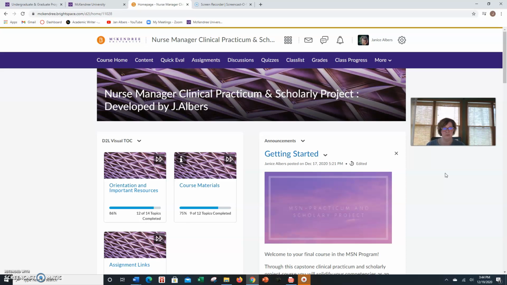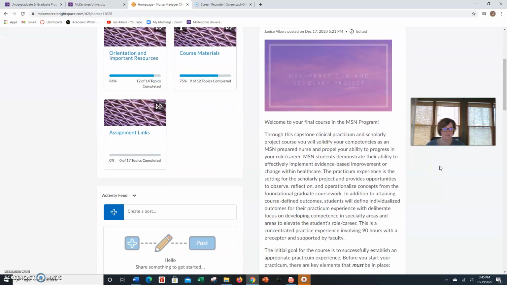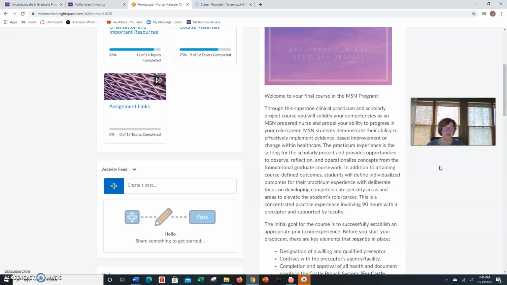The underpinning of the final capstone course is actually to elevate their futures and to solidify everything that they've learned in their master's program.